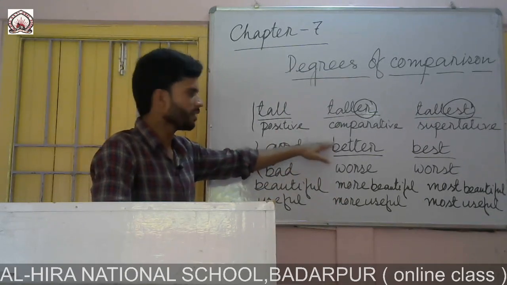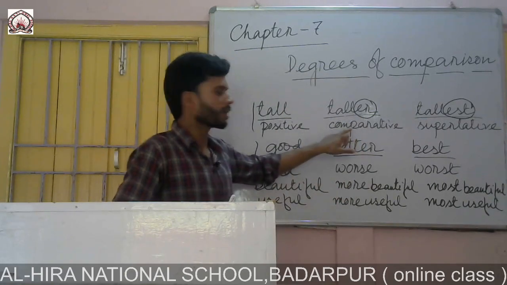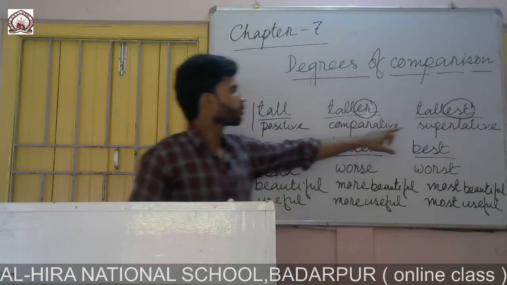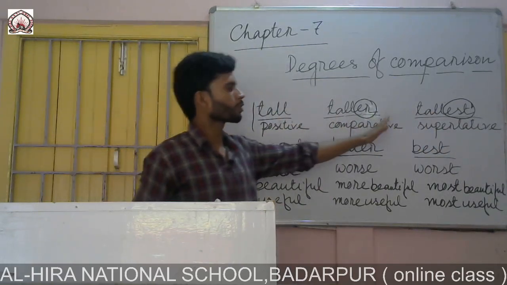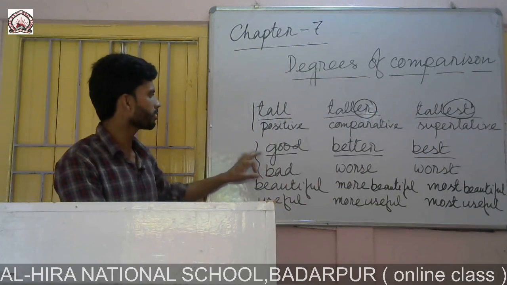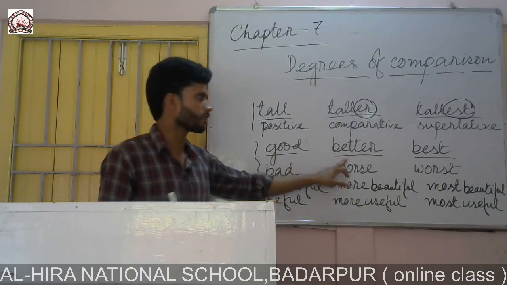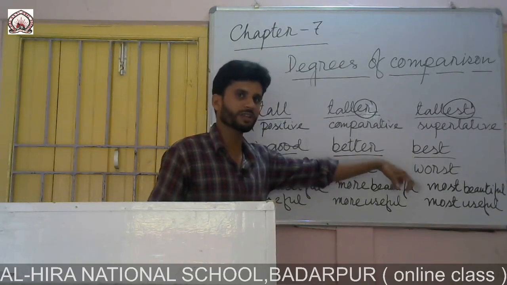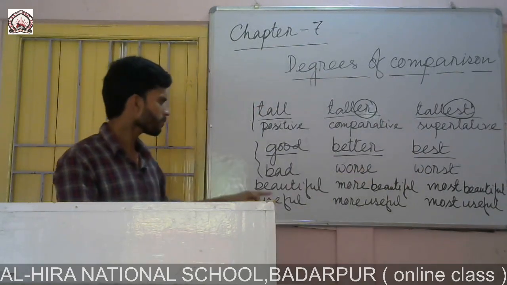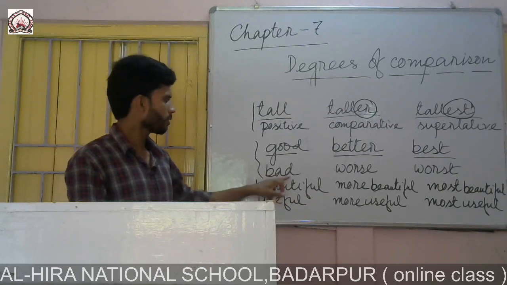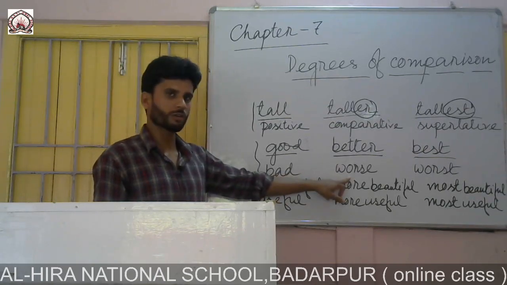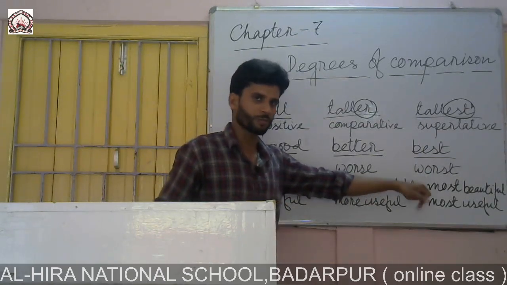In some cases, we add er to make comparative, and est to make superlative, like tall, taller, tallest. In the next case it was good, but you see here in case of comparative the word has completely changed. In superlative again it is a completely new word. Bad is positive, worse is comparative, and worst is superlative.